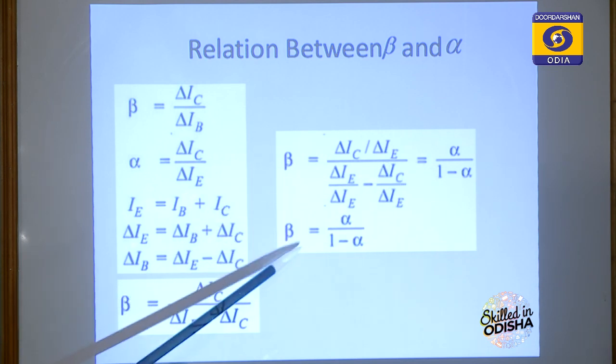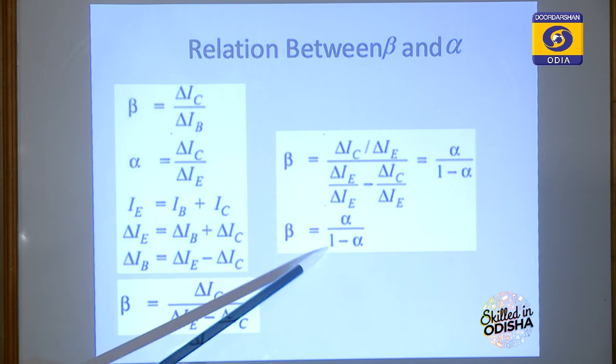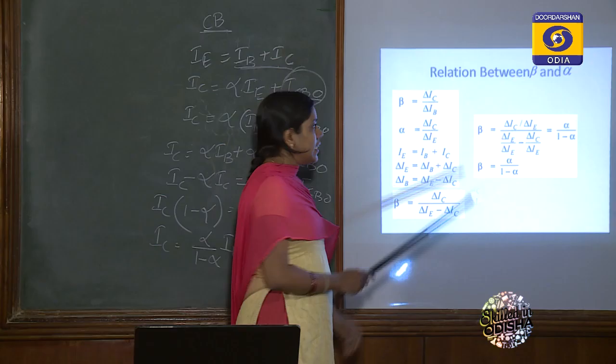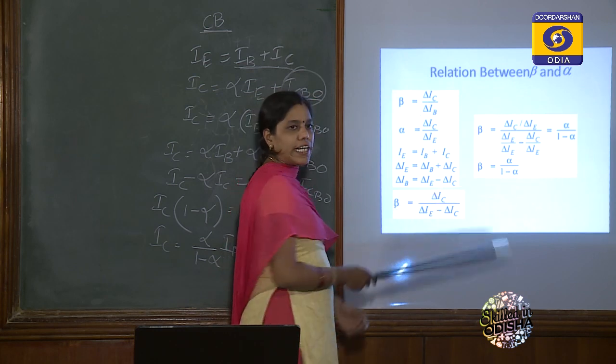So what is beta? Beta is equal to alpha divided by 1 minus alpha. This is the relationship between beta and alpha.